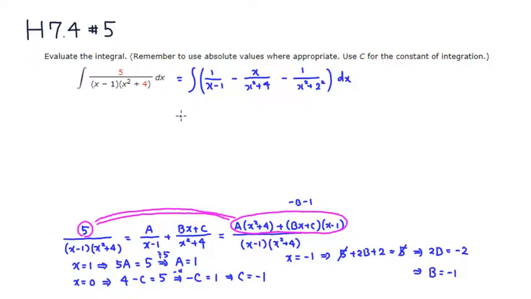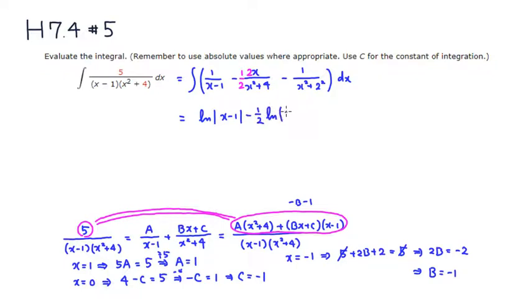So the antiderivative of 1 over x minus 1 would be the natural log of the absolute value of x minus 1. Then the second one, we have to tweak a little bit. The derivative of x squared plus 4 is 2x, so I would like to have a 2 here. So I'm going to multiply by 2 and divide by 2. So we get negative 1/2 as a constant in front, then the natural log of x squared plus 4.